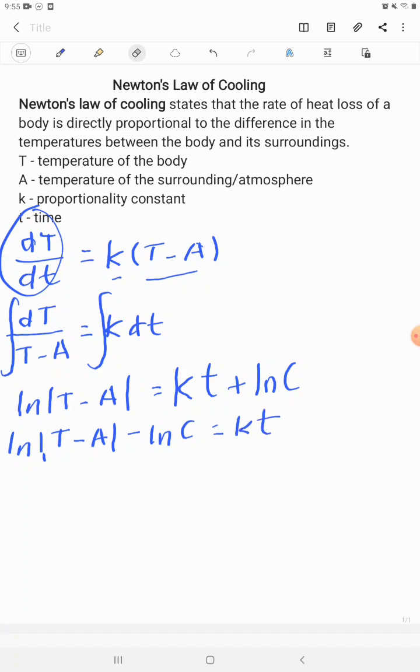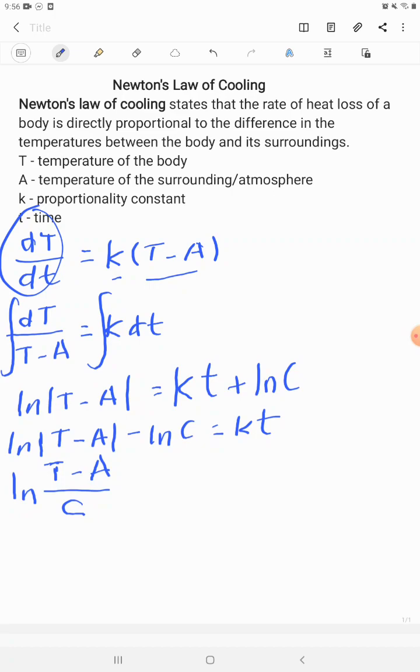Now there is a rule in logarithms, as you already know, that the difference between two logarithms is equivalent to ln of the quotient.